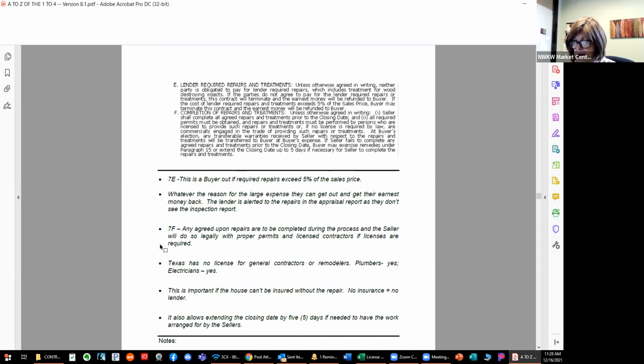If any agreed upon repairs are to be completed during the process, the seller will do so legally and with proper permits and licensed contractors if licenses are required. We're basically talking about plumbers and electricians. I don't know about you, but I don't want to buy a house where the owner didn't take care of it during the time he was there, but all of a sudden now he wants to fix the chandelier in the dining room.